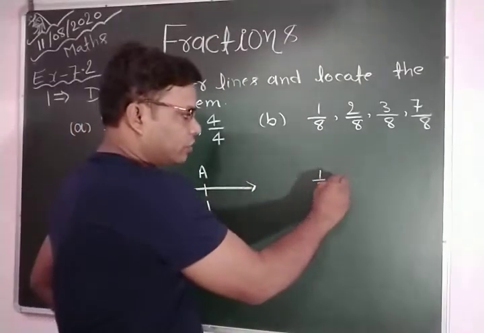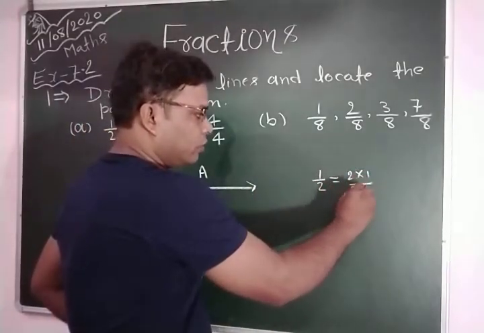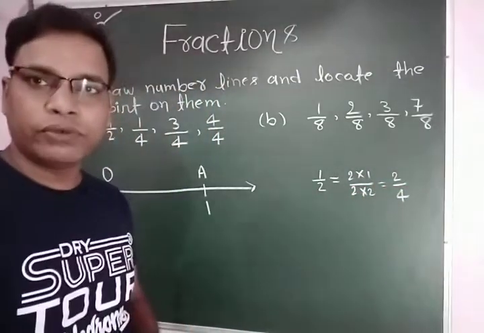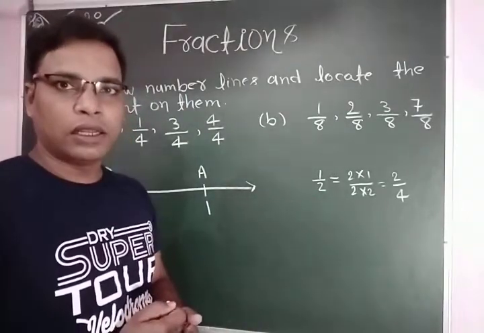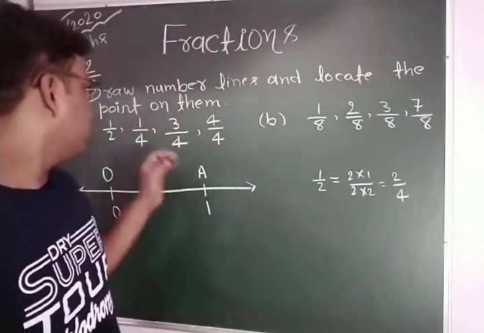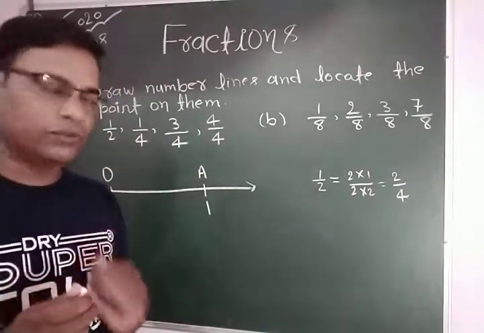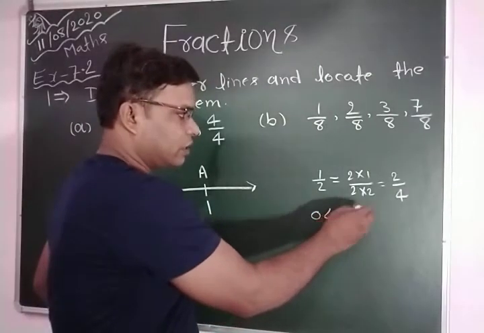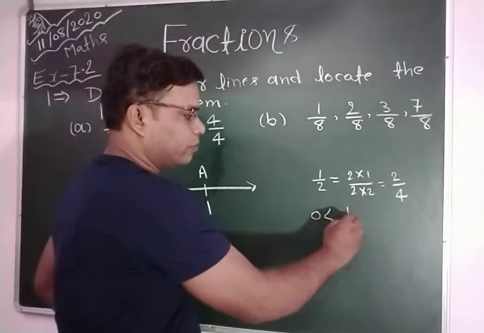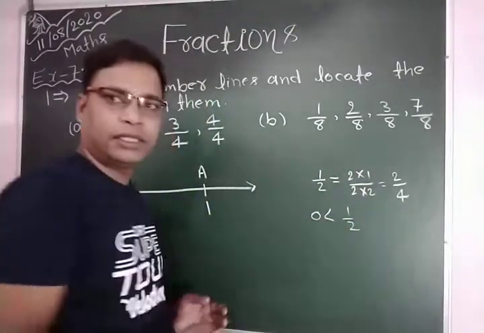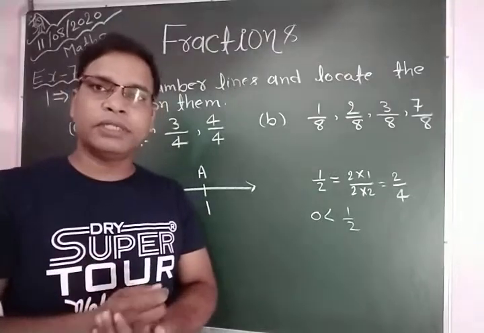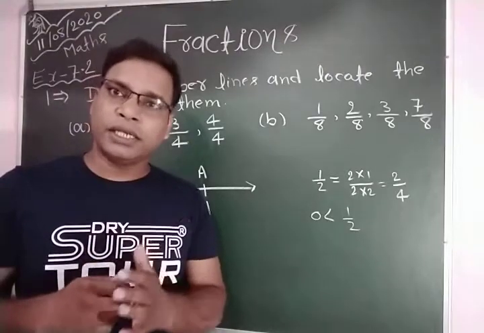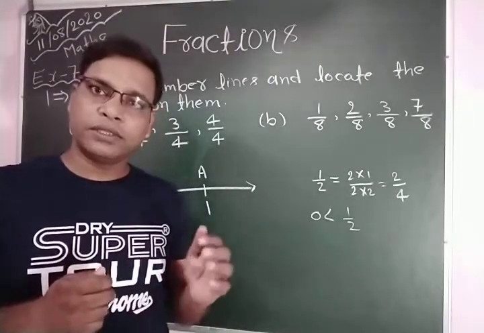You can write 1 by 2 is equal to 2 into 1 over 2 into 2, so you can also write 2 by 4. 2 by 4 or 1 by 2 is greater than 0. It means that 1 by 2 lies on the right side of 0 on the number line.